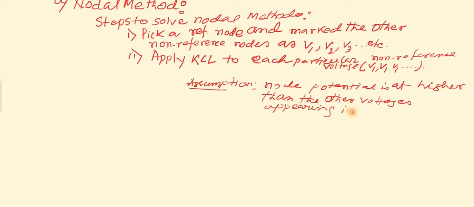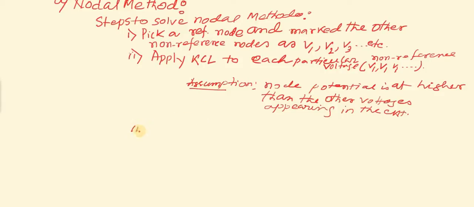So first pick a reference node, then mark the non-reference nodes as V1, V2, V3. Then apply KCL to all those non-reference nodes. In this case, you just assume that each node voltage will be at a higher potential compared to the other nodes appearing.